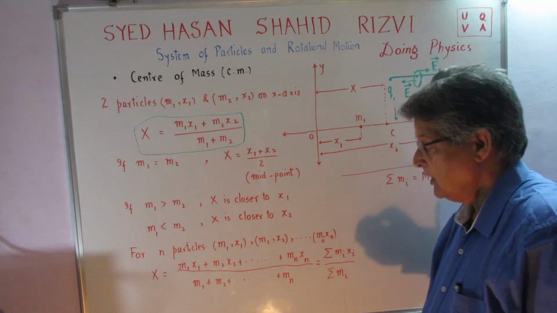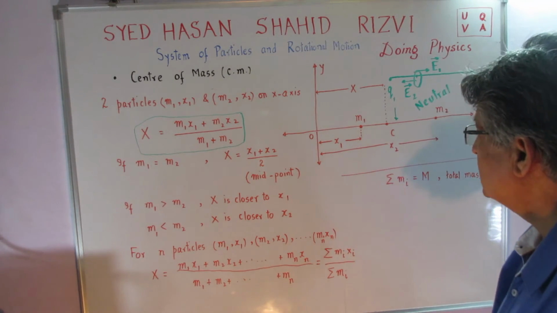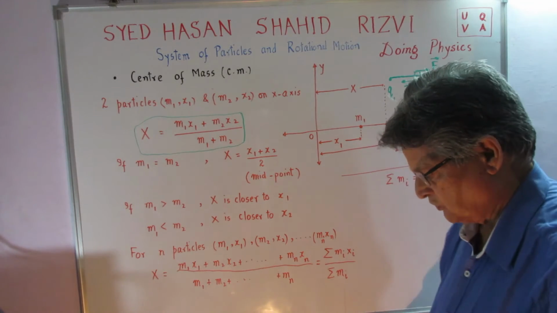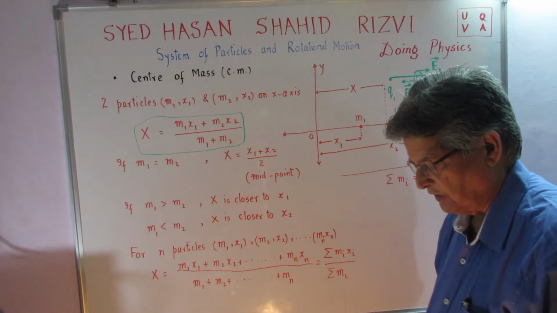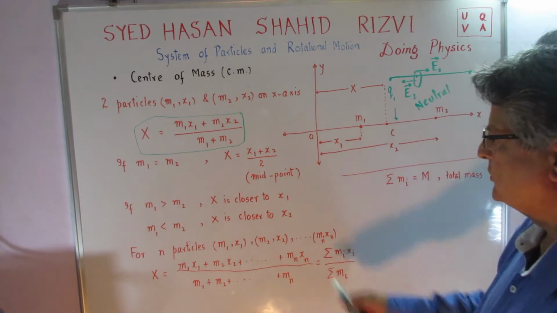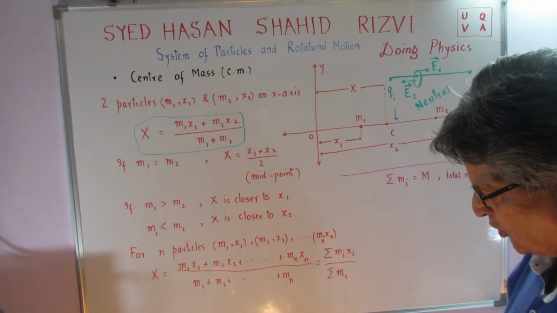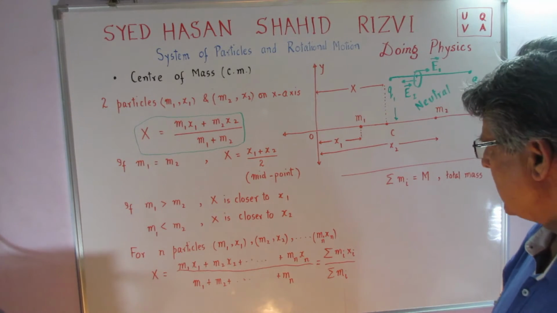So if Q1 is larger, then R1 has to be larger, otherwise not. So this also happens in the case of electrostatics. A similar kind of mathematics is there. I will tell you one more thing about it.